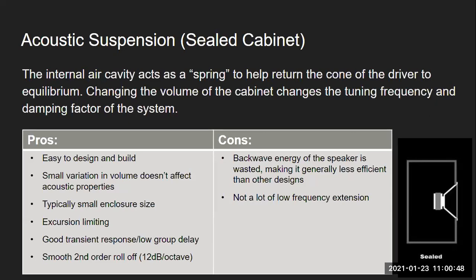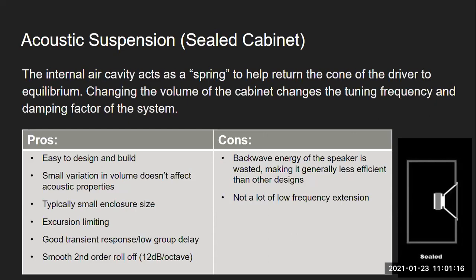And you can vary that volume by about, I believe, 5%, and it shouldn't really affect the acoustic properties. So the beauty of that is if you're doing your own DIY build, you can add bracing in and not have to account for that in your acoustic simulations. You can just be like, oh, cool, this is close enough, and I'm still going to get about the same output. In production, that means that you don't have to have as high tolerances if you're manufacturing it in volume.